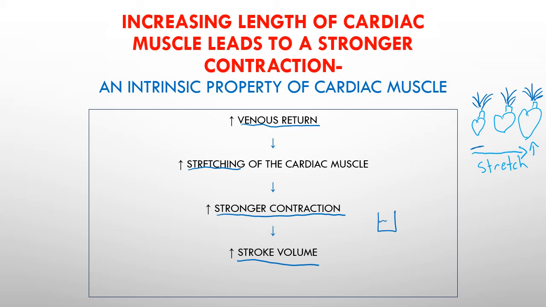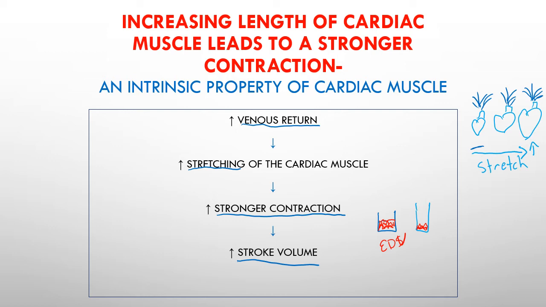We'll change it over to red for our blood. If this is our end diastolic volume that is there, and we have a muscle contraction in there, and we have an end systolic volume down here, we've got to get to that same place.